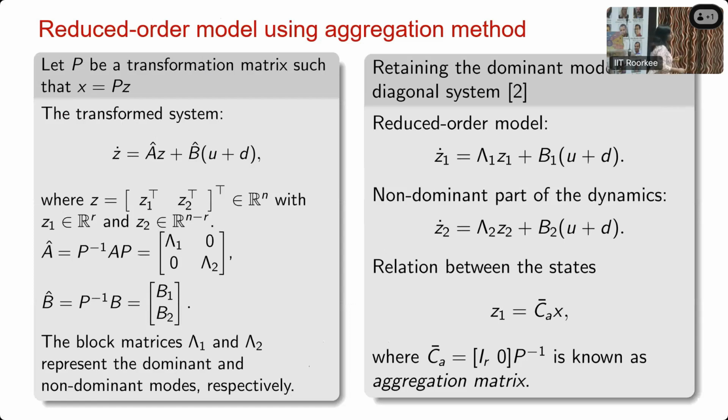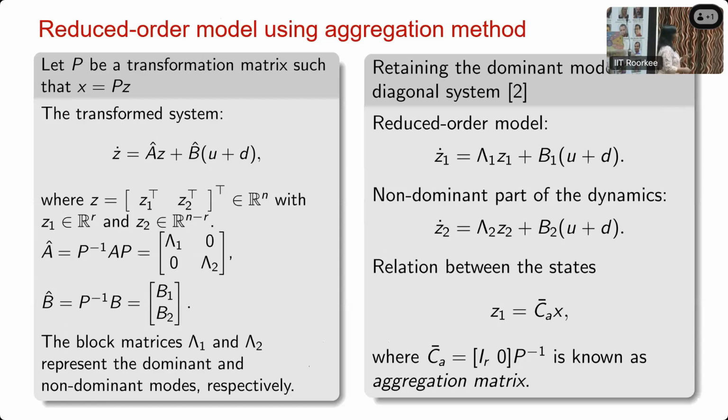After that, we have obtained these two models from the original system. This is the original system, then we transformed it into this model, and after that we divided it into dominant and non-dominant.